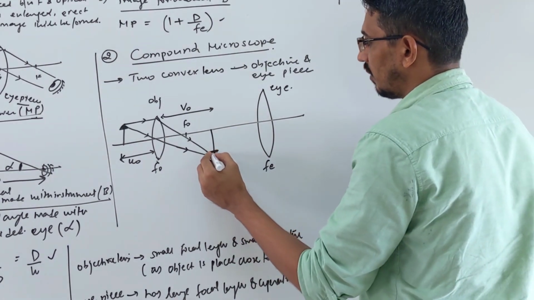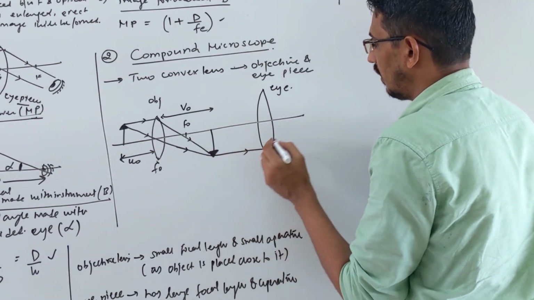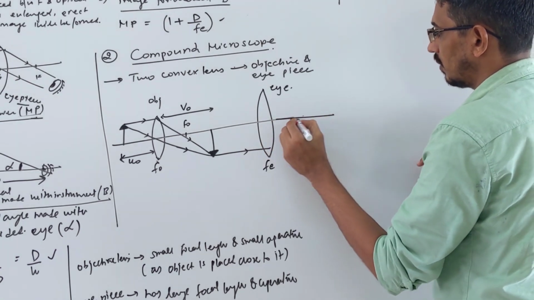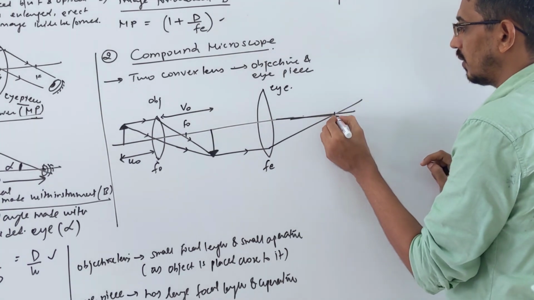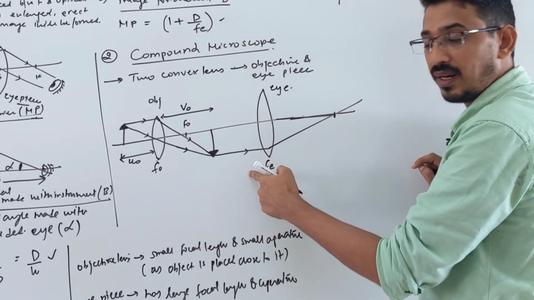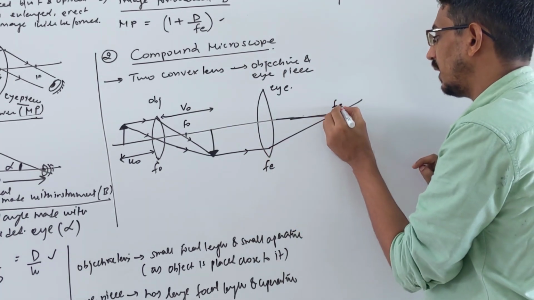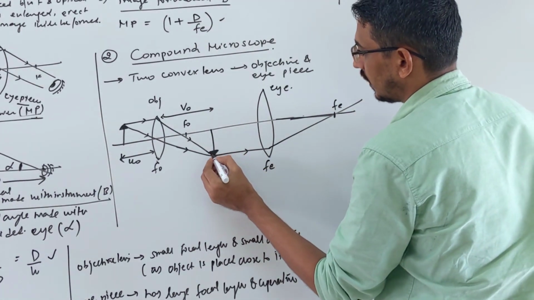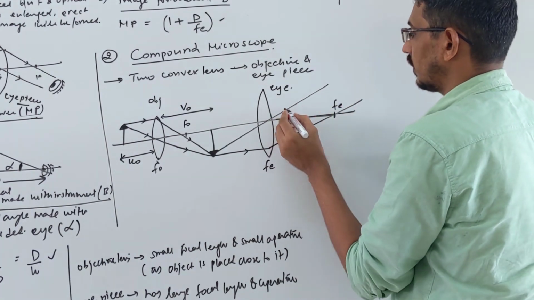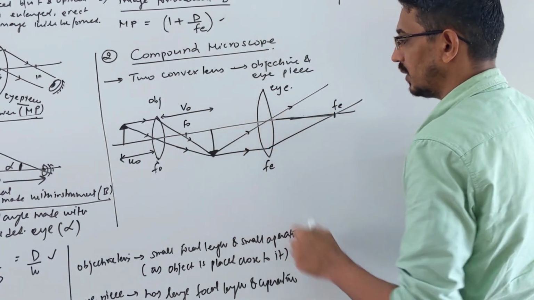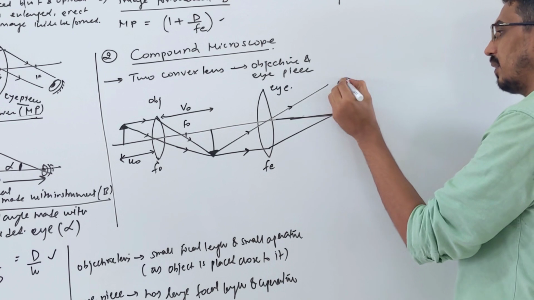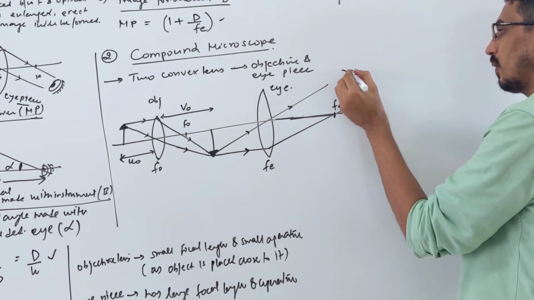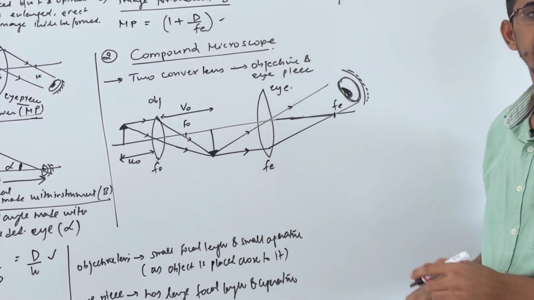A ray coming parallel will pass through the focus of the eyepiece, fe. A ray passing through the optical center will go straight, no change. Here will be your eye, and you will watch from here.